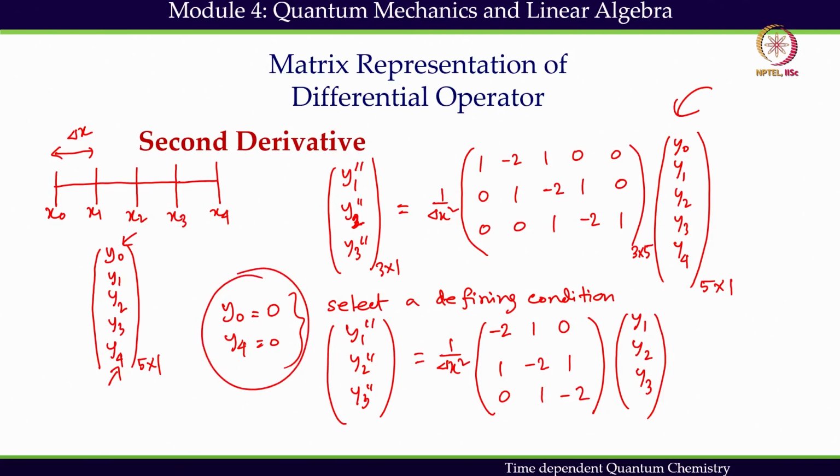So the moment we use this defining condition for the function, where we are saying that the initial point has to be 0 and the final point has to be 0, which means the boundary, so in the grid points, the boundary values are actually taken to be 0. If we do that, then this matrix, which was previously 3 by 5, is now becoming a 3 by 3 square matrix. And defining it in a square form is very advantageous. I will show why I should do that.